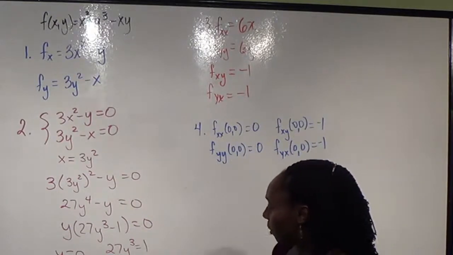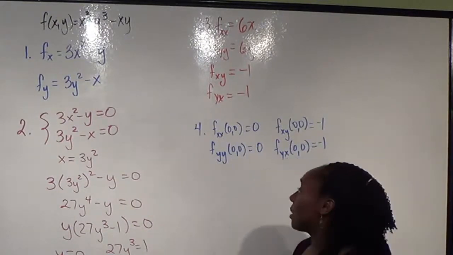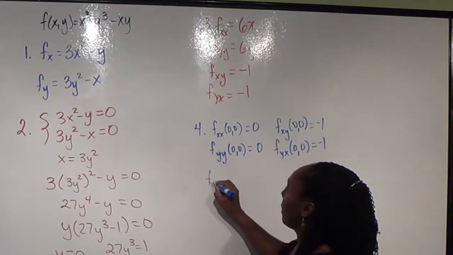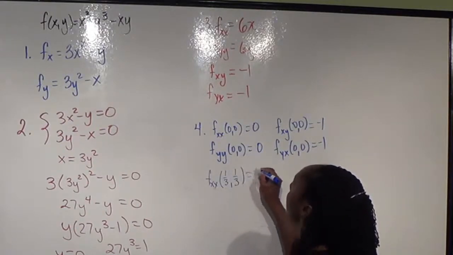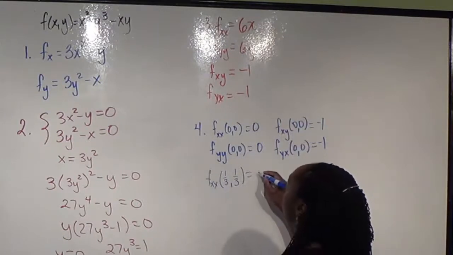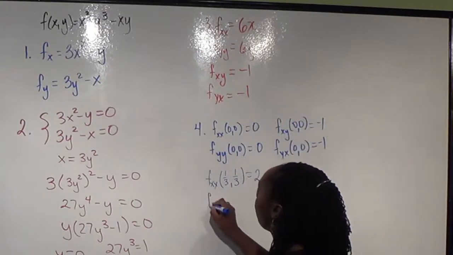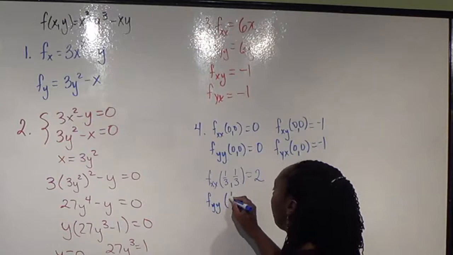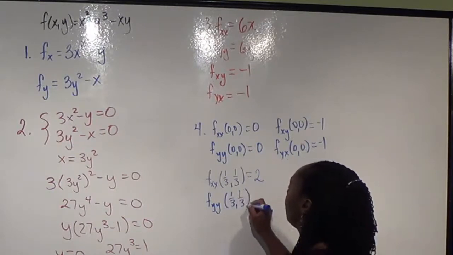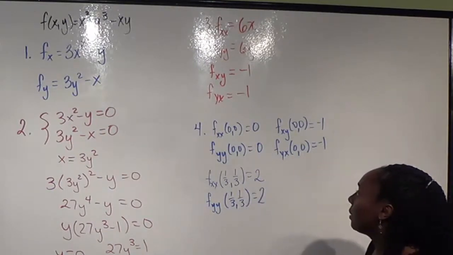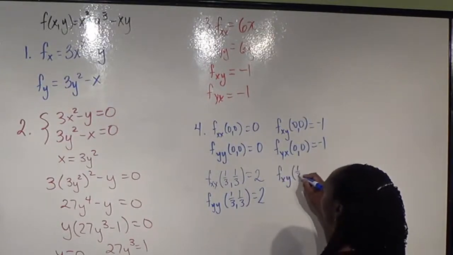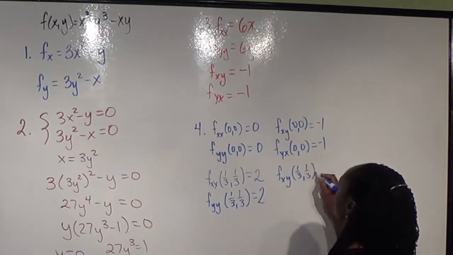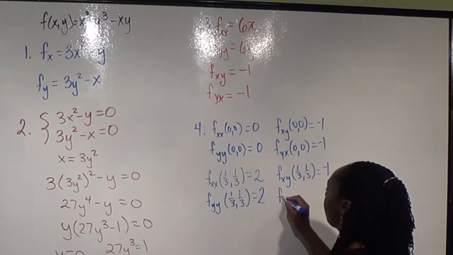Okay? Now I'm going to use the other critical point and do the same thing. So fxx at (1/3, 1/3). Plugging 1/3 in there looks like 2. Fyy at (1/3, 1/3) is also going to be 2. Notice for the mixed order partials, I'm still going to get -1.